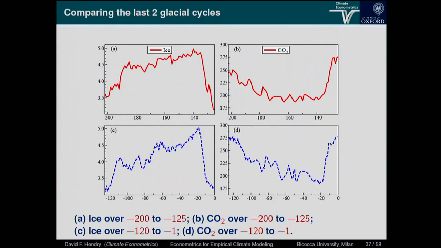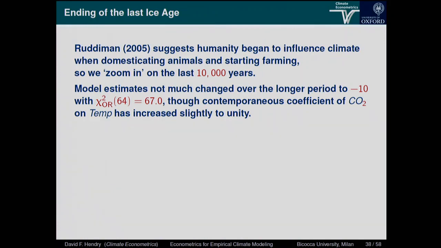Now, the last two ice ages look very similar apart from their length. The top graph is the last but one, and the bottom graph's the last. You can see they've got very similar patterns. Now, Ruddiman has suggested very strongly that humanity began to influence the climate 10,000 years ago, maybe even 12,000 years ago, when they started to clear the forests across Southeast Asia to grow rice, and they domesticated animals and started farming.